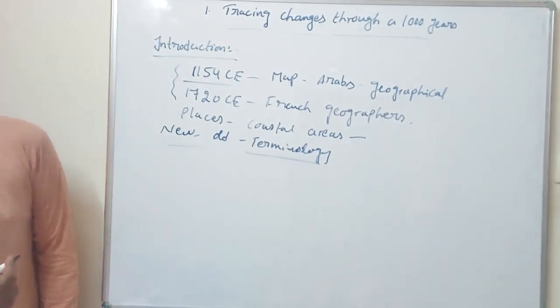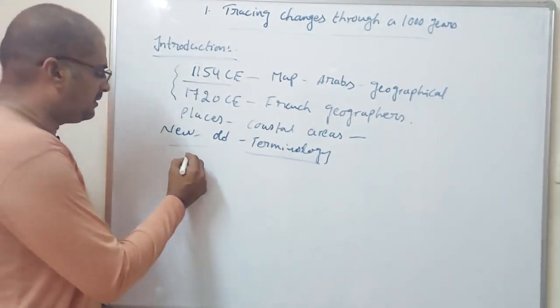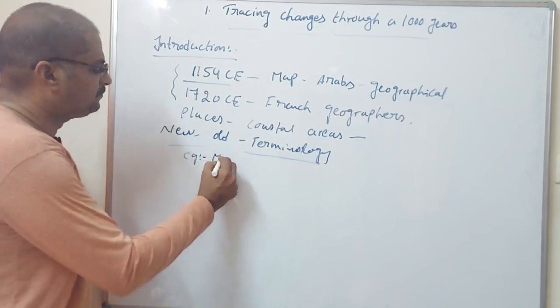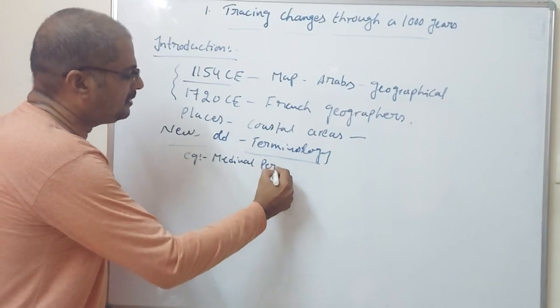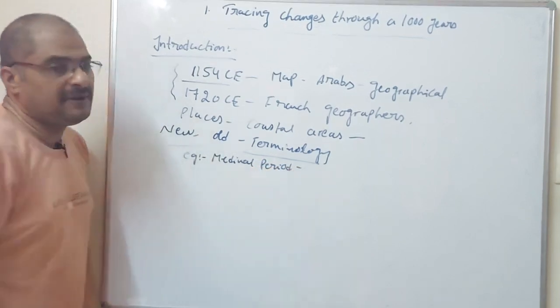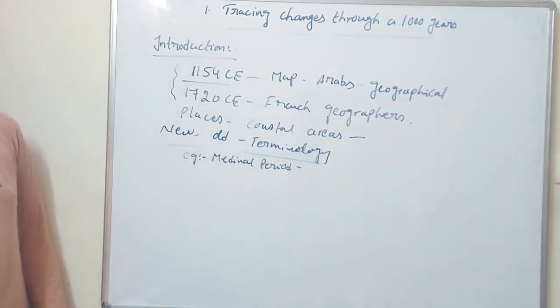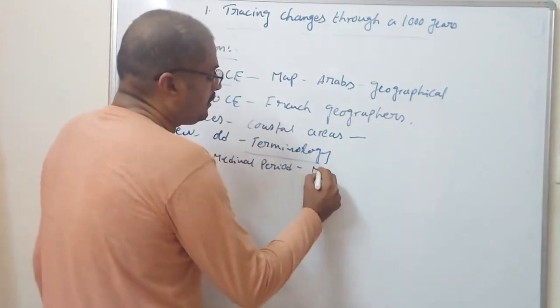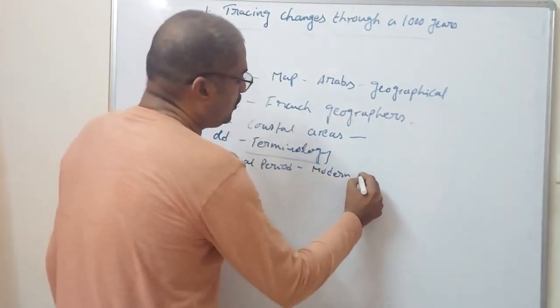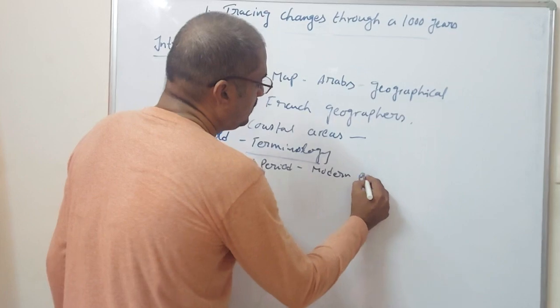For example, in the medieval period, and coming to the modern period, there are also changes in grammar and vocabulary. There are three periods in Indian history: the ancient period, the medieval period and the modern period.